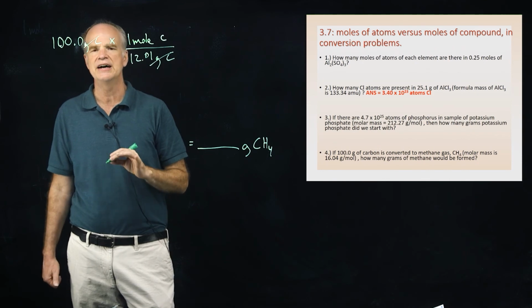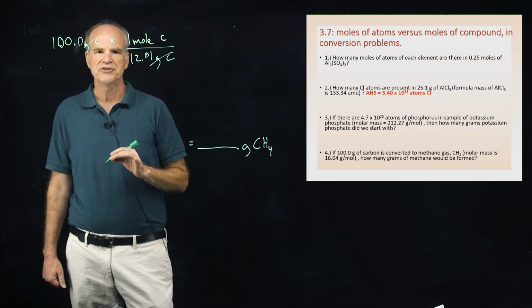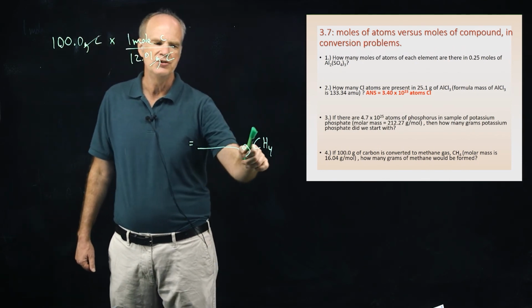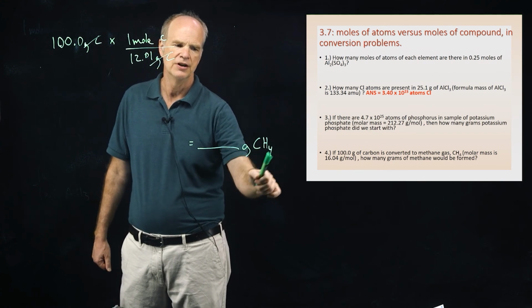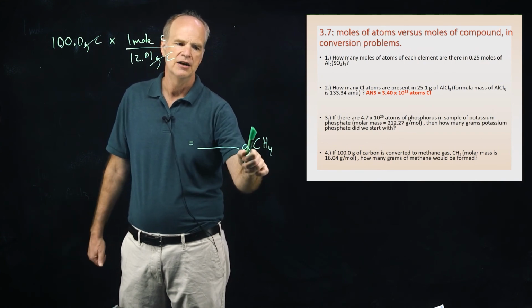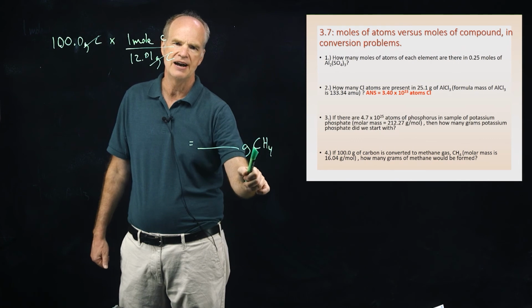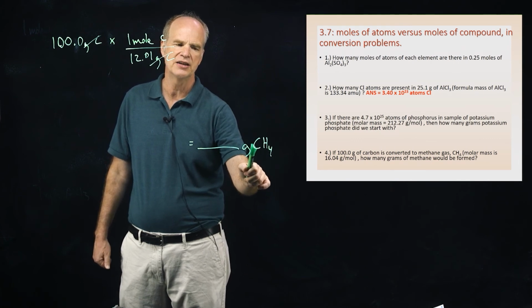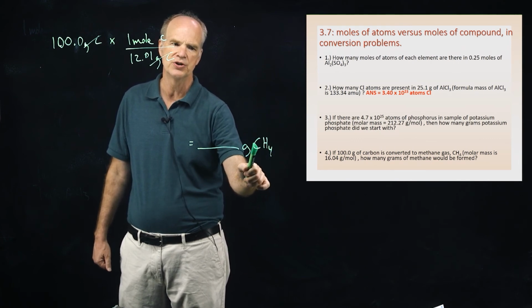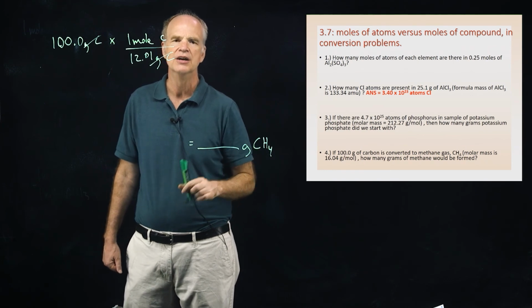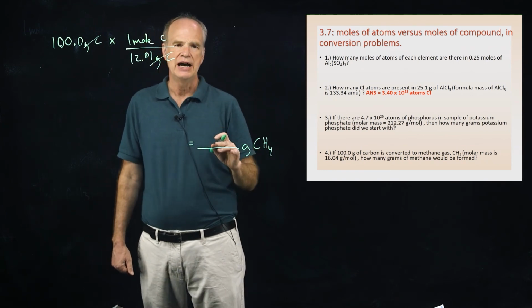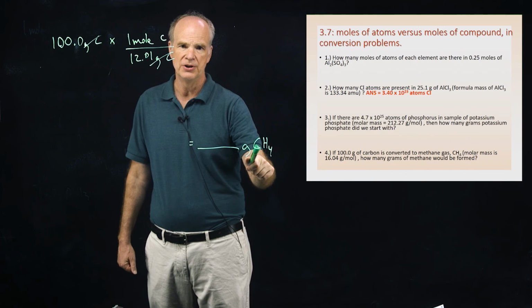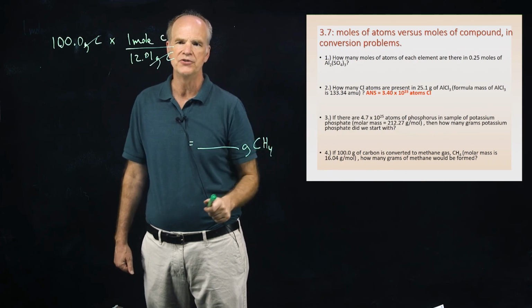And so now what we need to do is ask ourselves this question. If you have a molecule of CH4, which is methane, how many atoms of carbon do you have per molecule of methane? And it looks like if you have 1 molecule of CH4, you have 1 atom of carbon, which predicts if you have 1 mole of carbon, you should have 1 mole of CH4.